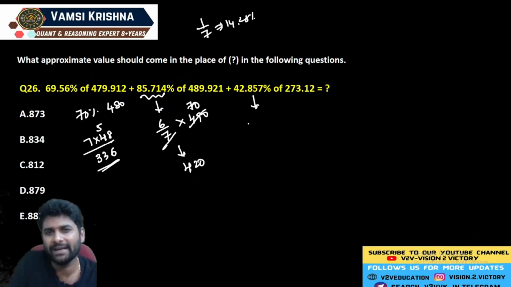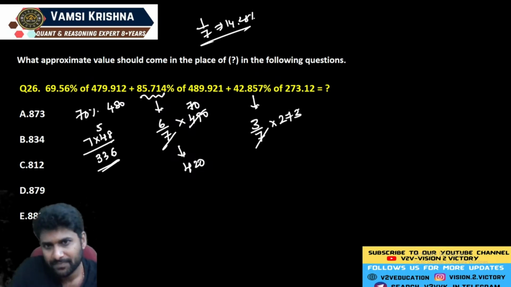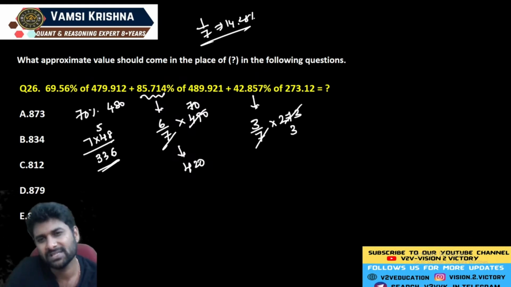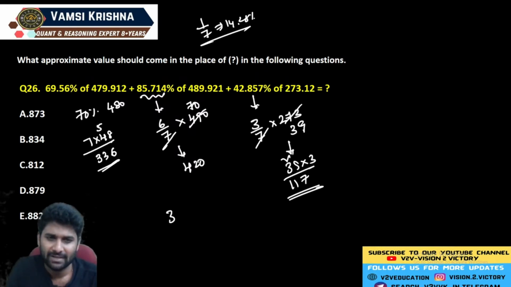Now 42.87 percentage means you already know that it's a value of 3 by 7 which is multiplied by 273. Again multiply here. 7 threes are 21. 63 9 times. So 39 is multiplied by 3 times. So 117.